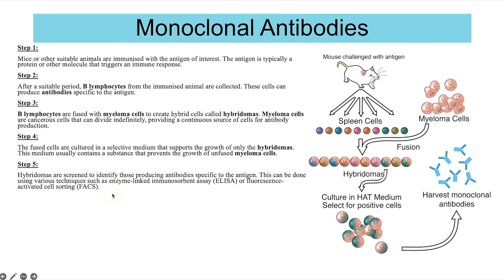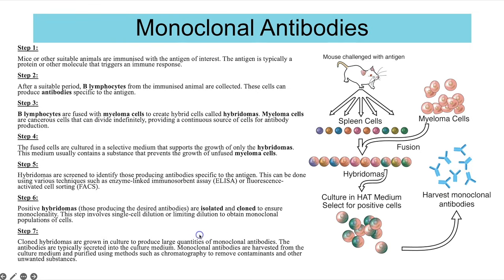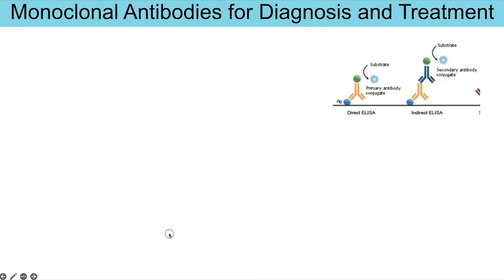The hybridoma cells are screened to identify those producing antibodies specific to the antigen, and this can be done using the ELISA test, which we're going to look at in the next slide. Finally, those positive hybridomas, which means the ones that are producing the antibodies of interest, are isolated and cloned. And then lastly, you let them produce lots of those antibodies, which are harvested and can be used in different types of medicines and treatments.